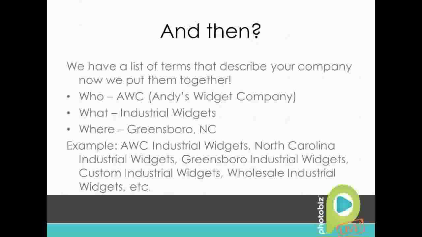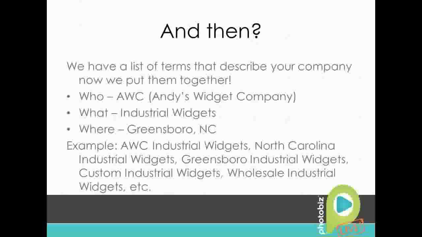And then I wanted to follow up here with two more that didn't show up in my 3 examples: custom industrial widgets and wholesale industrial widgets. Now, these are going to be terms that people would search for depending on their needs. Obviously, I have to be able to supply these needs to use these keywords, but our goal is to create 2 to 5 word phrases that combine who we are, what we do, and where we're located.